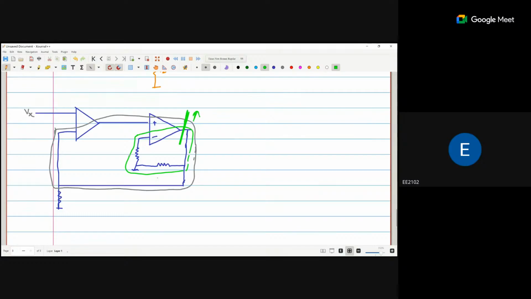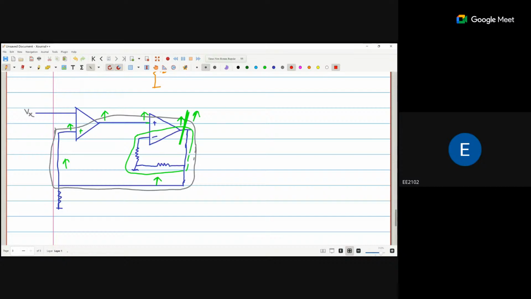So the voltage will be positive here. If I consider this a positive, we are getting a positive voltage here, and again it goes to the positive terminal, so we are getting a positive voltage here.